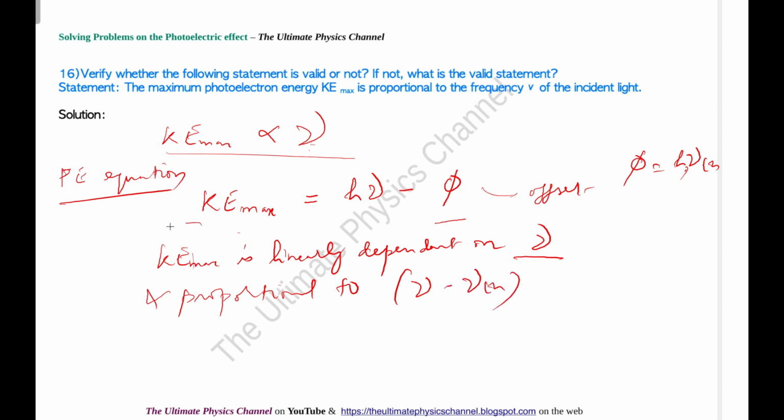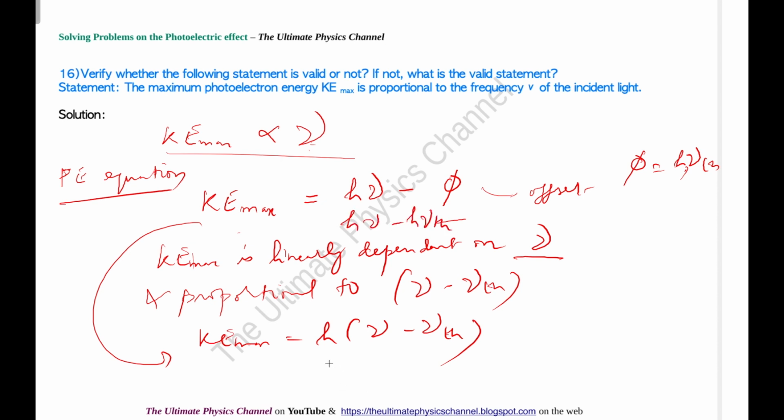That is, you can write this equation again as Ke max is equal to h times nu minus nu th. That is, this can be written as h nu minus h nu th. H being outside the bracket here, the proportionality factor is the constant, Planck's constant.